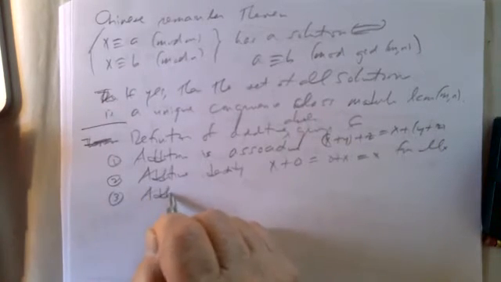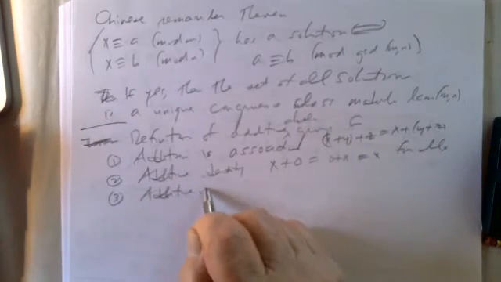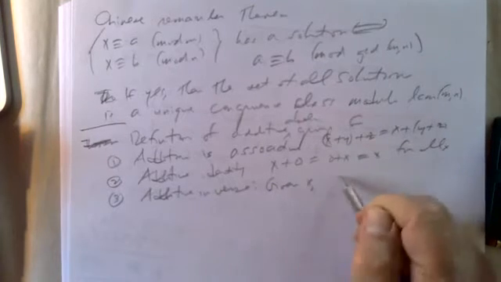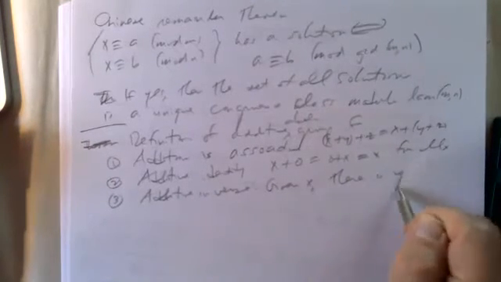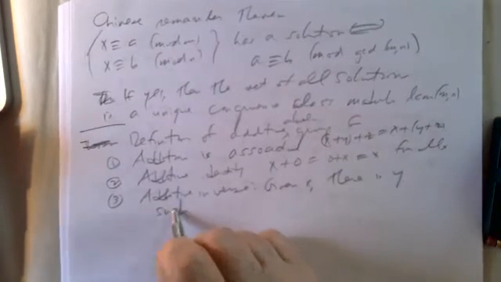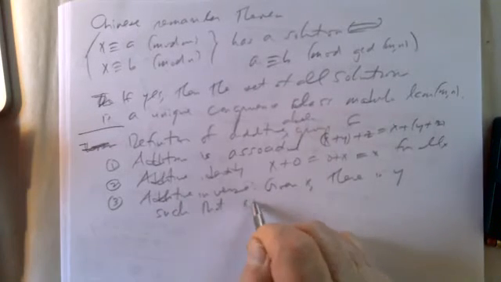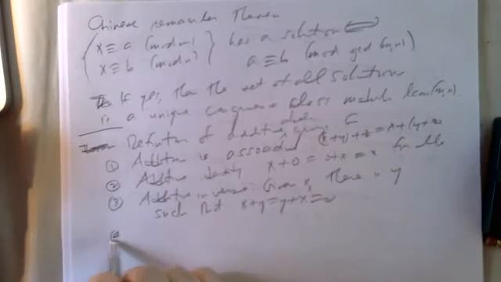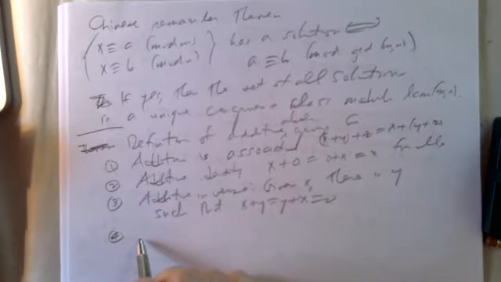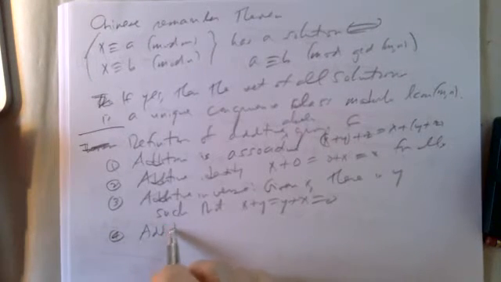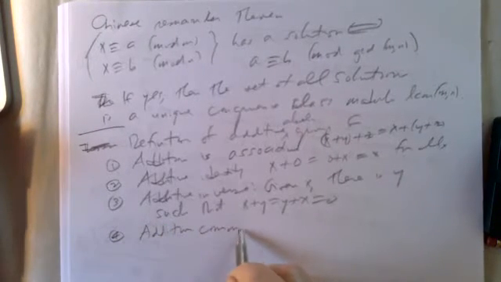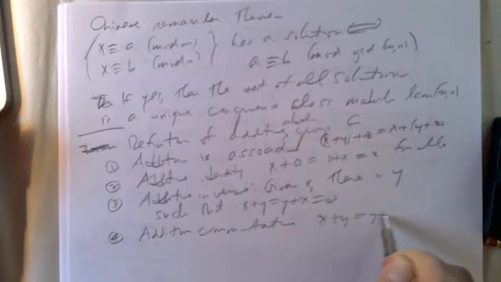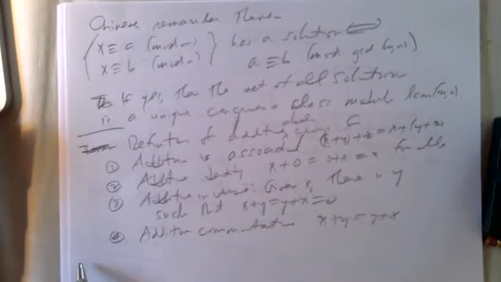There has to be an additive inverse. So given x, there is a y such that x plus y and y plus x equals 0. And addition has to be commutative: x plus y equals y plus x for all x and y.